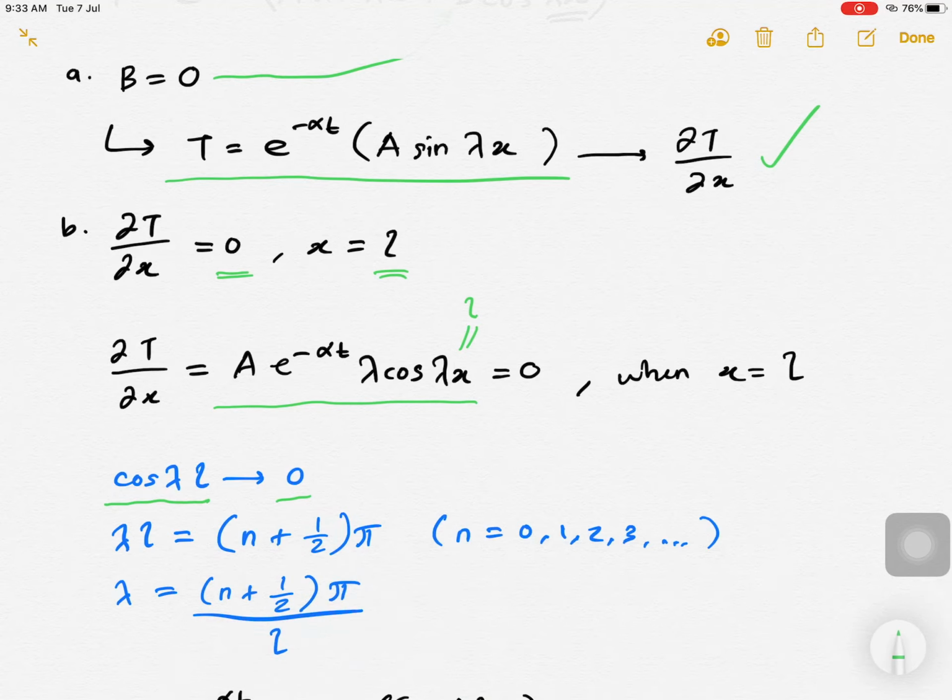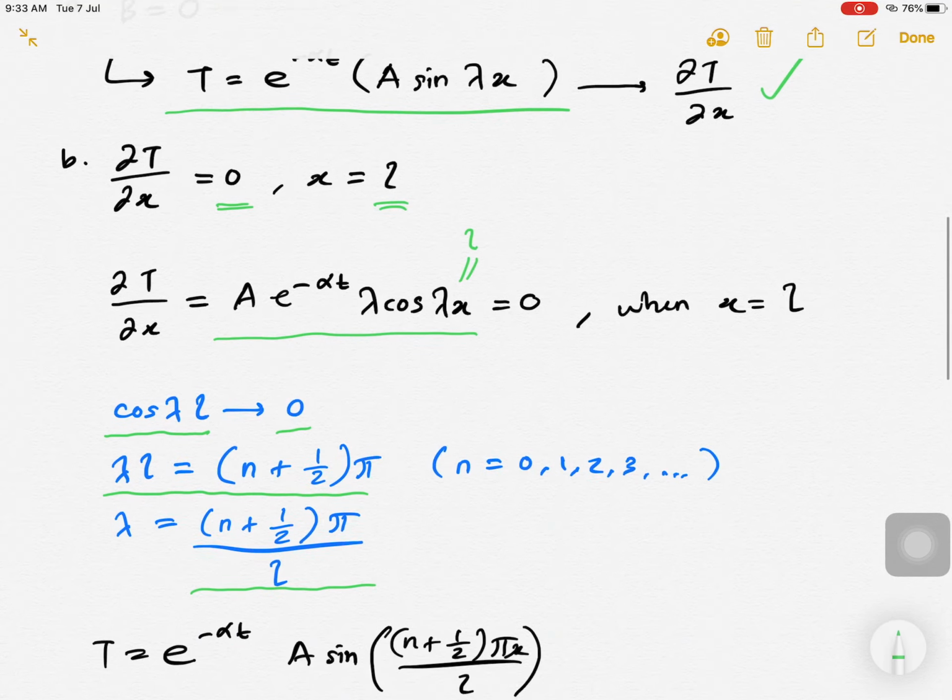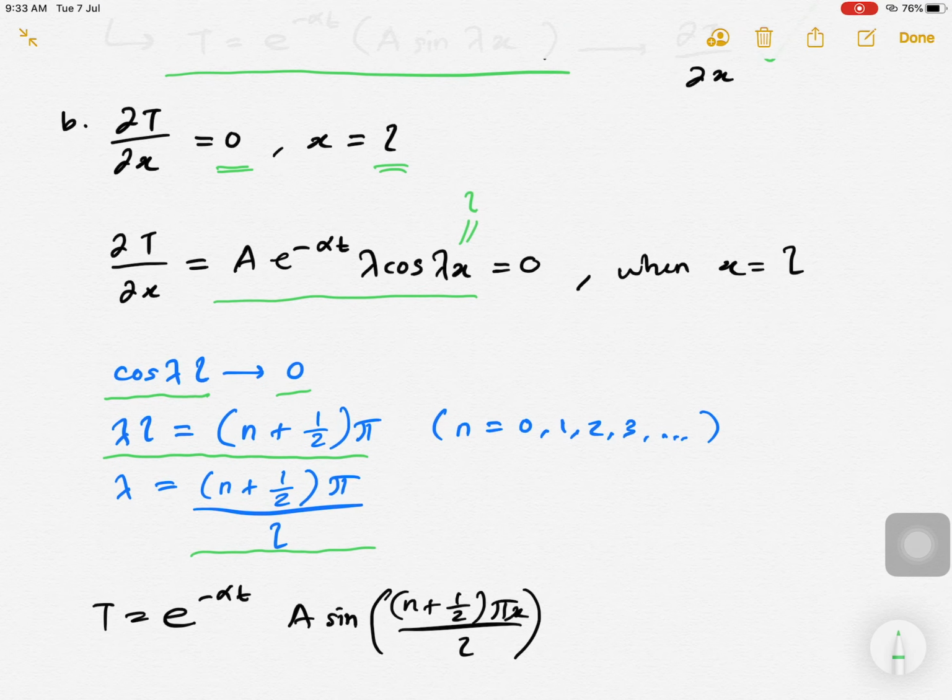Alright. So we know how to make cos equal to 0. So this is the formula that we need to have. And we can put L to the right hand side. This is the formula that we need to remember. So this is the formula for lambda. Remember that we need to find lambda.